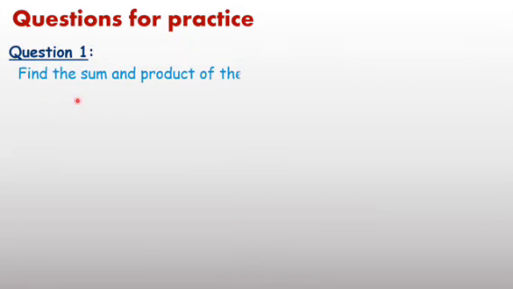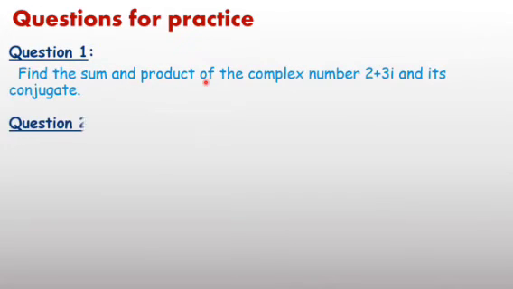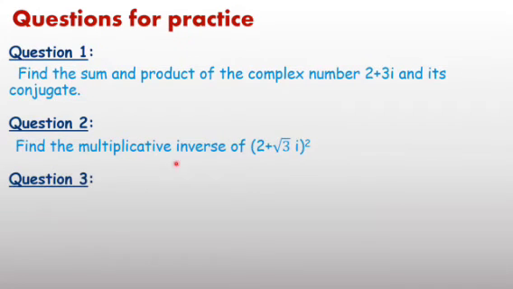Now some questions for practice. First, you have to find the sum and product of the complex number 2 plus 3i and its conjugate. The second question, you have to find the multiplicative inverse of the given complex number.